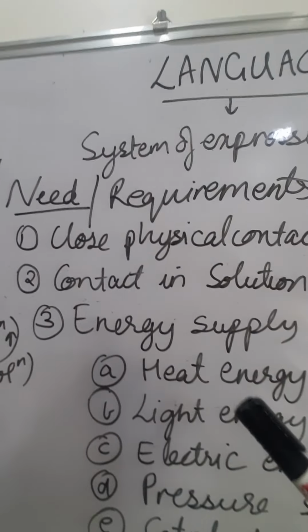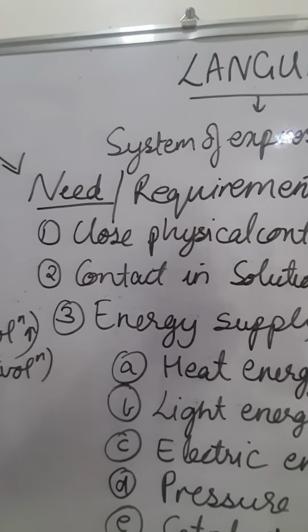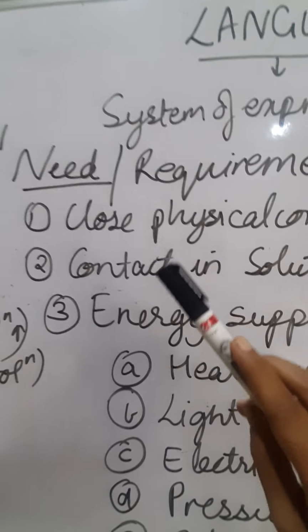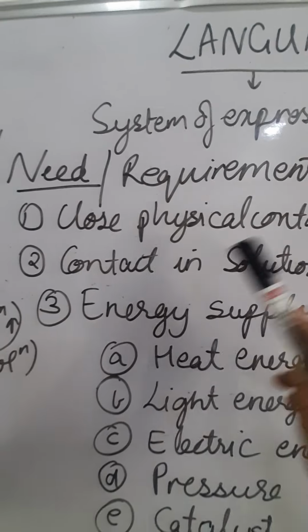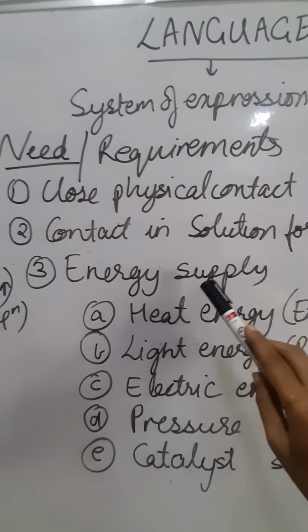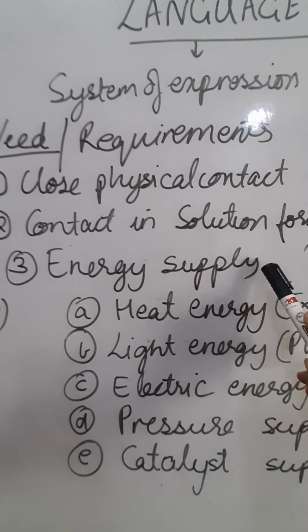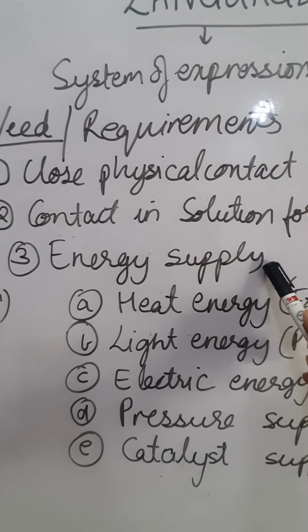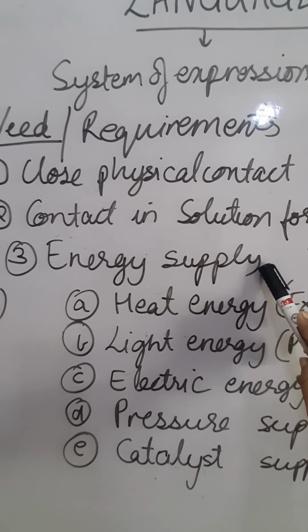Now there are some requirements for a reaction to take place. What can they be? First of all, the reactants should be in contact. It can be close physical contact. It can be contact in the solution or the liquid form. It can need energy. What types of energy are required for a reaction to take place?